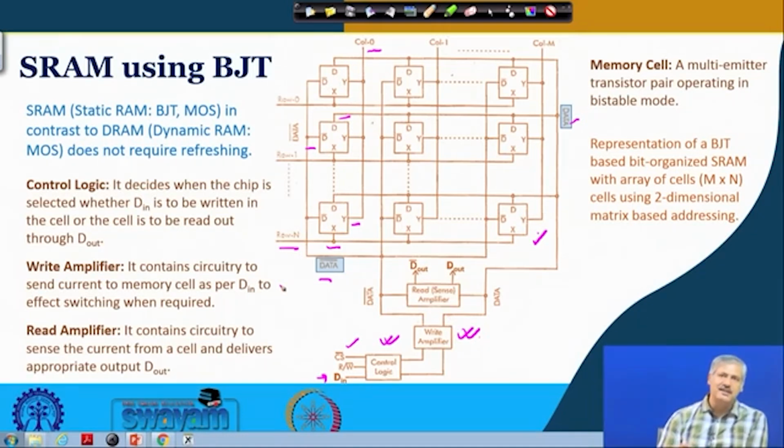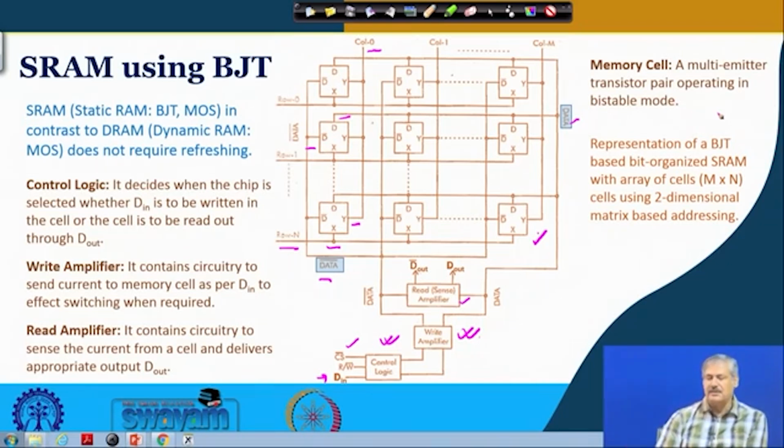We shall see what is inside. Then we have the read amplifier, the read or sensing amplifier. What is there in the cell, we would like to sense and make available to the outside world. So, this is a typical SRAM memory block.